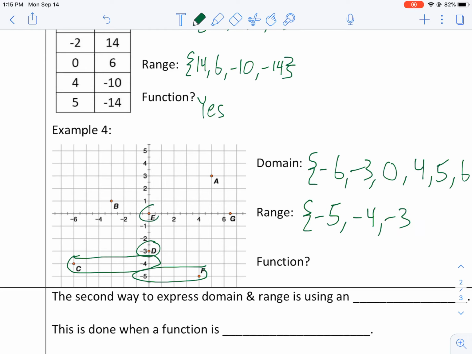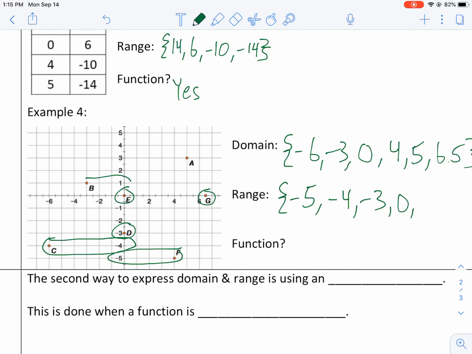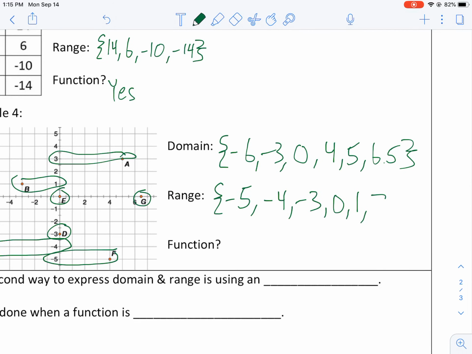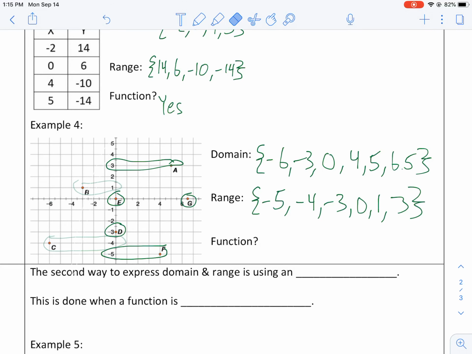Then we come up here. So E is at 0 and G is at 0. So again, I'm just going to put 0 once. B goes to 1. And A goes to 3. So I'm just looking at what its coordinate is, and that's telling me the domain and range.